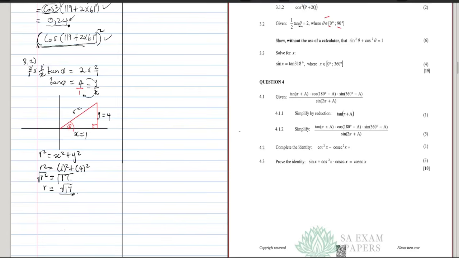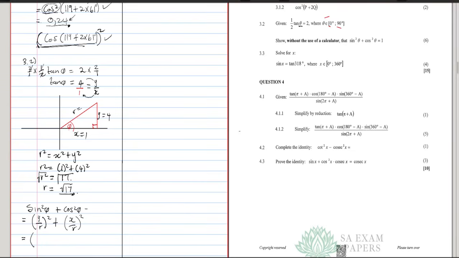Now then, it's time to calculate what? Sine squared theta plus cos squared theta. It's time to calculate this. So I'm just gonna say equals sine, based on SOHCAHTOA and that triangle. Sine is opposite over hypotenuse, so it's gonna be y over r, squared, plus cos, which is x over r, squared, like this.